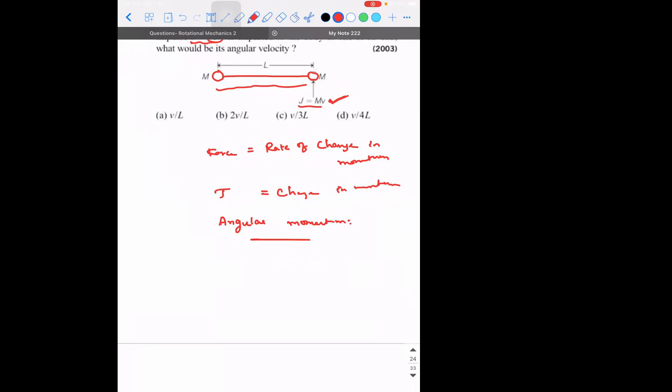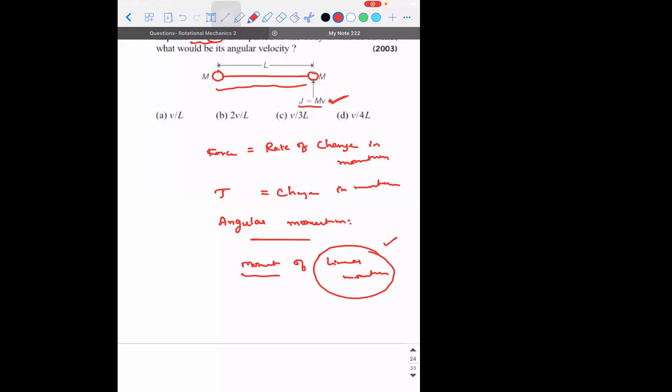Wherever the word moment comes, what did I say? The distance from the axis of rotation into the linear value. Very good. Moment means it is rotation. So the linear momentum should be multiplied with the distance from the axis of rotation to the point where this linear momentum is acting.